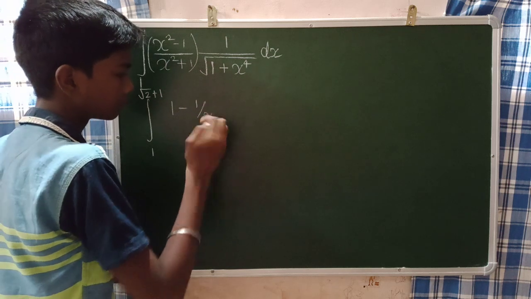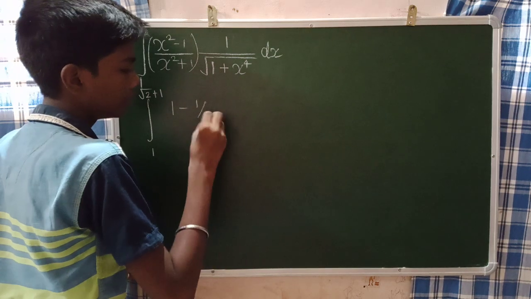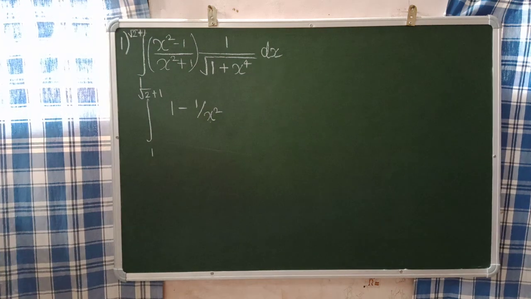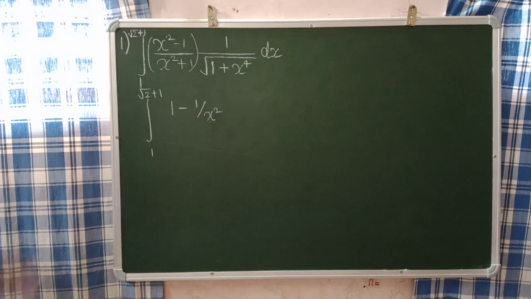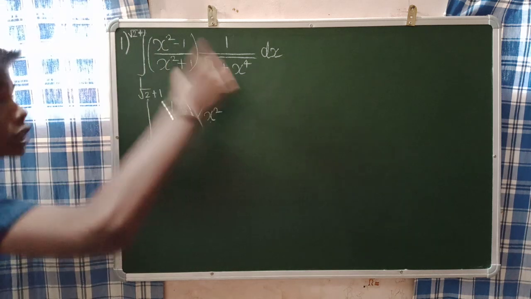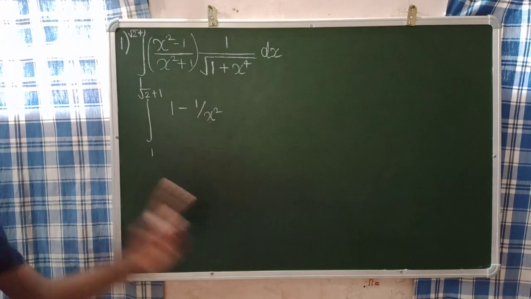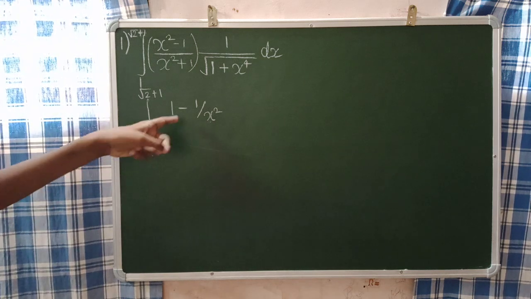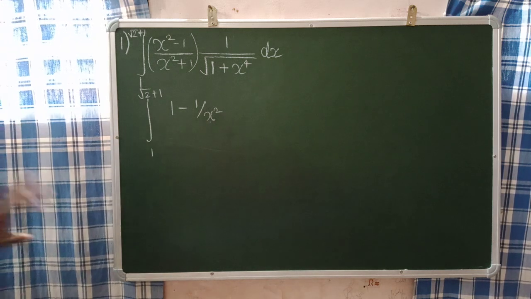Correct now? Because when you divide, x square minus 1 divided by x square is nothing but 1 minus 1 by x square. This is what you will get in the numerator.